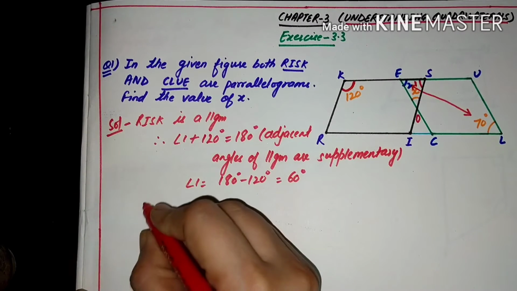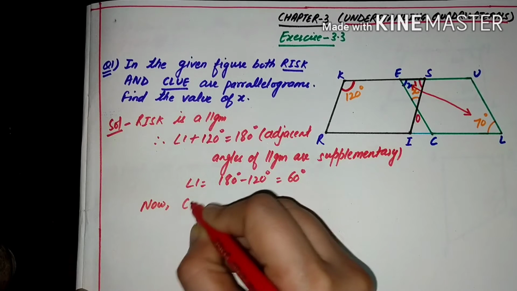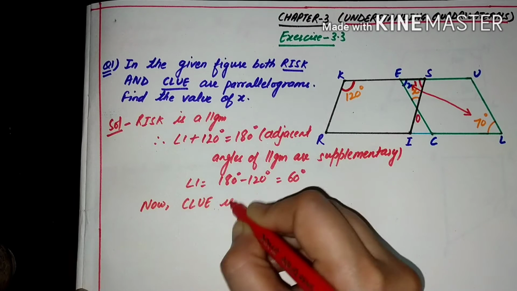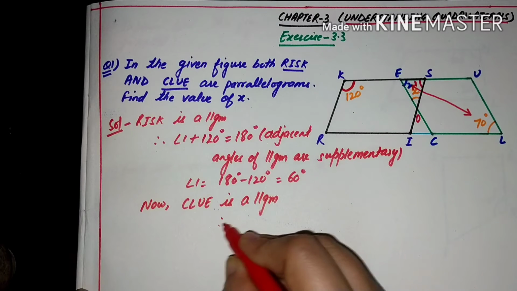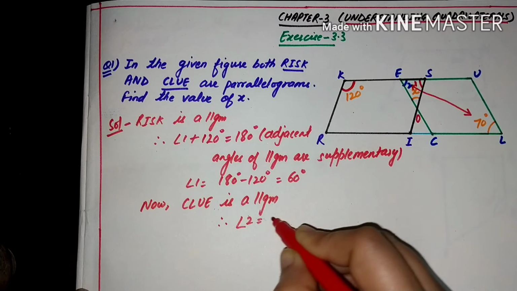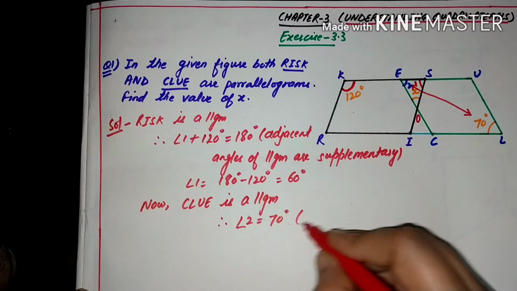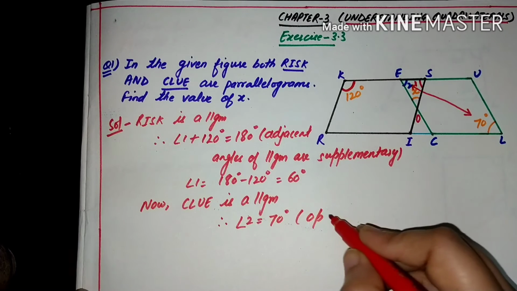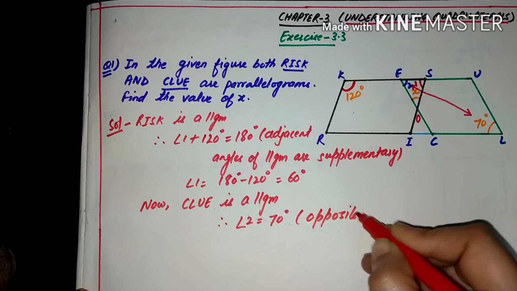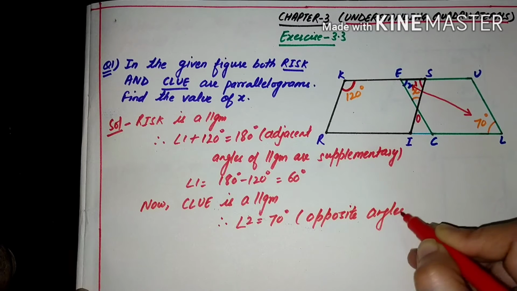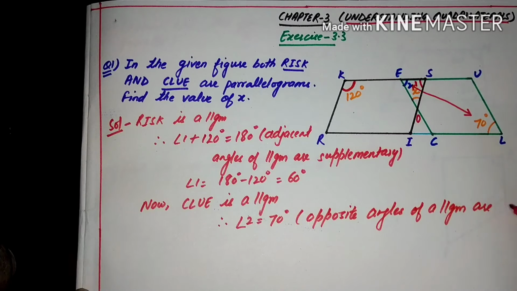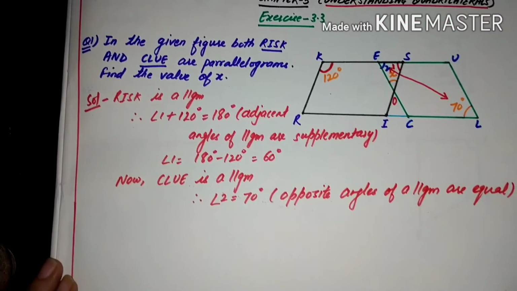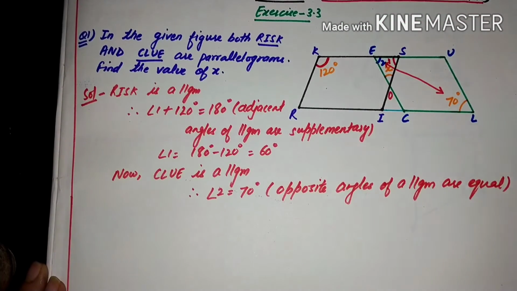So now CLUE is a parallelogram, therefore angle 2 will be equal to 70 degree, and the reason is opposite angles of a parallelogram are equal. So we have got the value of angle 2 also.